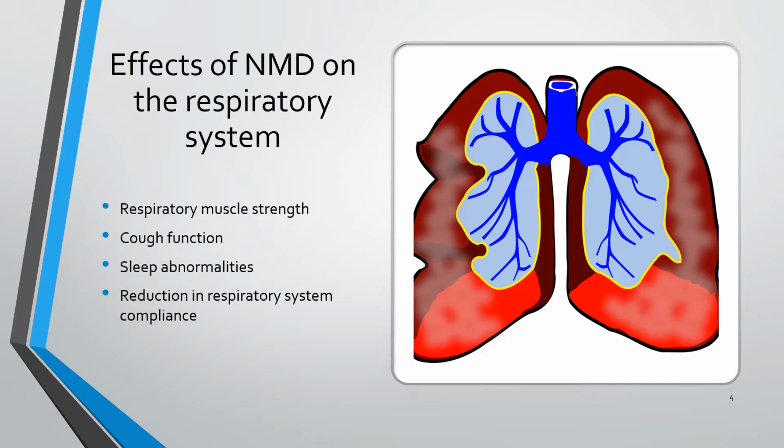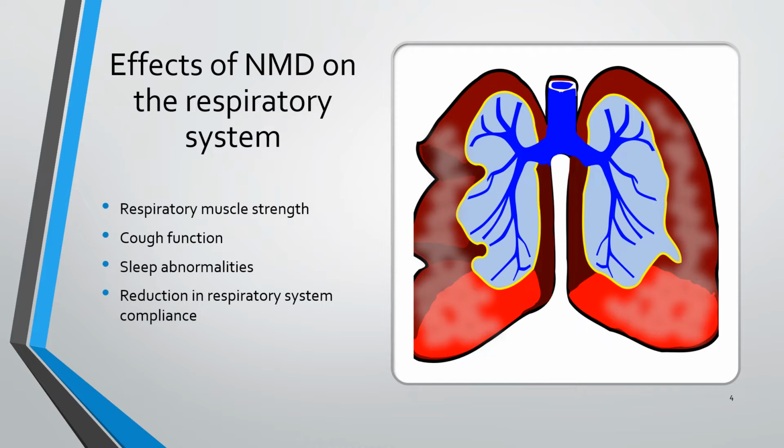So let me go a little bit more into respiratory muscle strength. Each neuromuscular disease has a different and specific natural history, and this can be seen with multiple types of diseases. The most common test to determine muscle strength of the lungs is to do a vital capacity. A decrease in vital capacity is indicative of the patient getting worse.